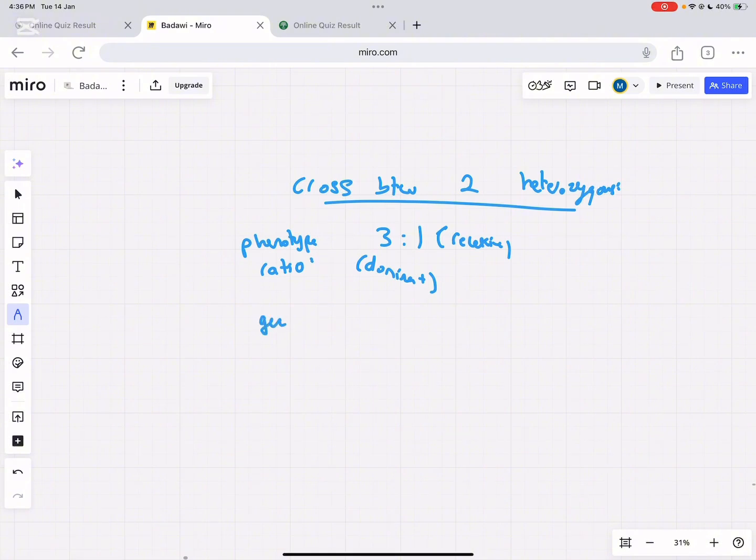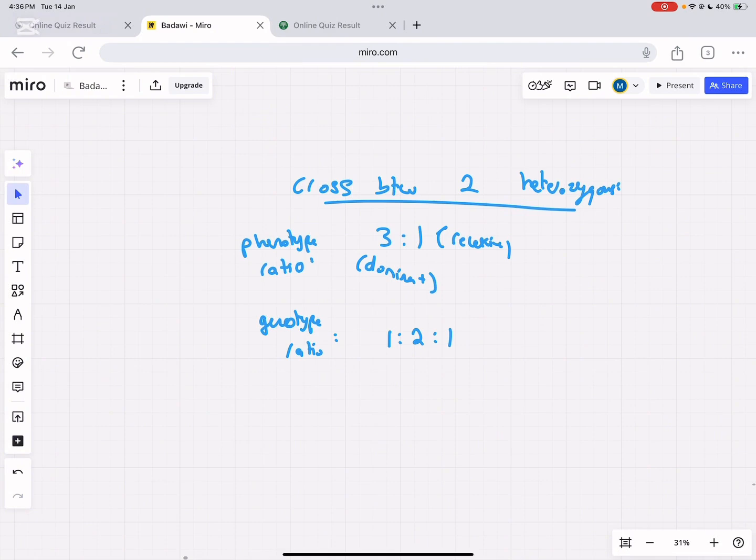For the genotype ratio, I'm gonna show it to you, and then instead of wasting your time in the exam, you can directly put it as it is. So for the genotype ratio, it's going to be 1 to 2 to 1.